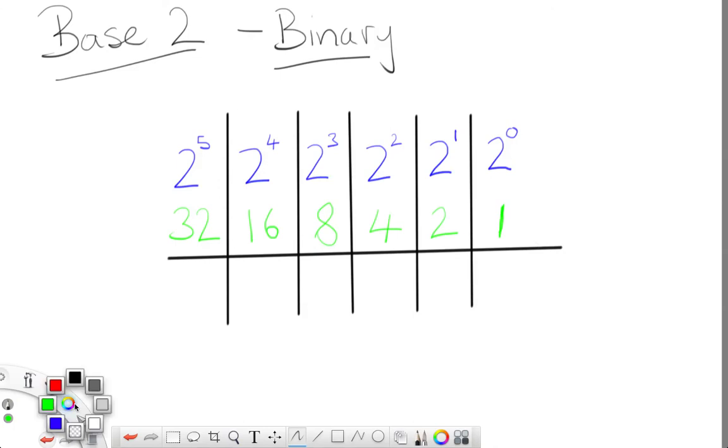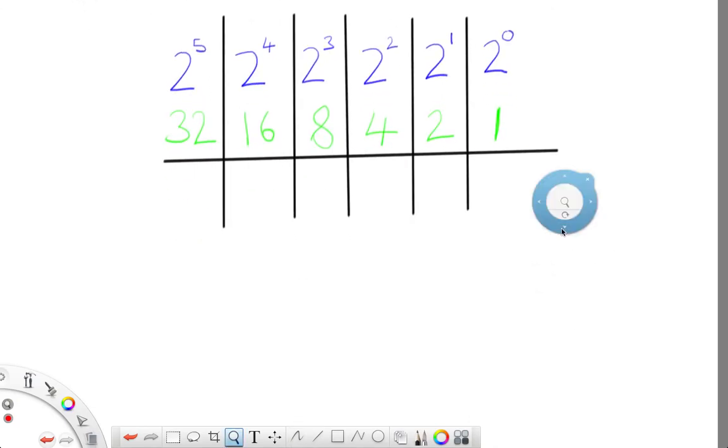And we can make numbers in just the same way as we made them in base 10. In base 10 we worked out how many hundreds there were, how many tens, how many units, or ones. In the same way we do that here. So if I do an example, let me write the number 9 in base 10. So that's how I write 9 in base 10.